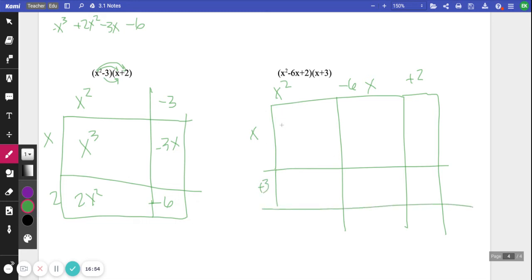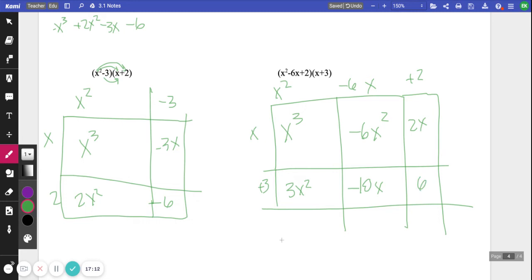So x squared times x is x cubed. Negative 6x times x is negative 6x squared. X times 2 is 2x. 3 times x squared is 3x squared. 3 times negative 6x is negative 18x. 3 times 2 is 6.